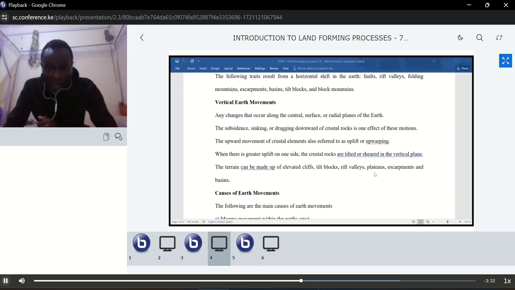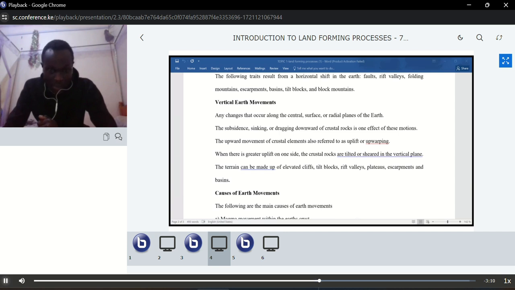The upward movement of crustal elements is also referred to as uplift or upwarping, and when there is greater uplift on one side, the crustal rocks are tilted or sheared in the vertical plane. The terrain can be made up of elevated cliffs, tilt blocks, rift valleys, plateaus, escarpments, and basins.